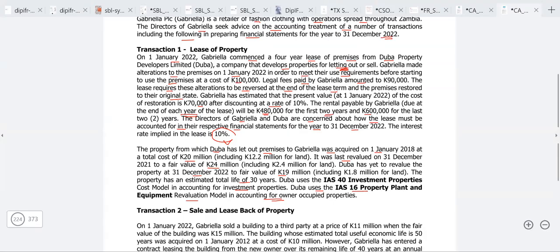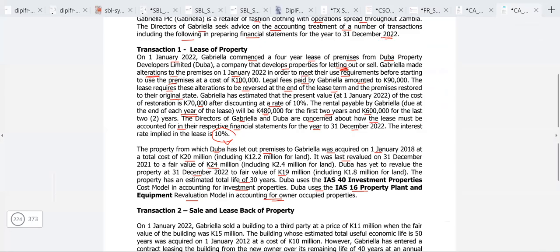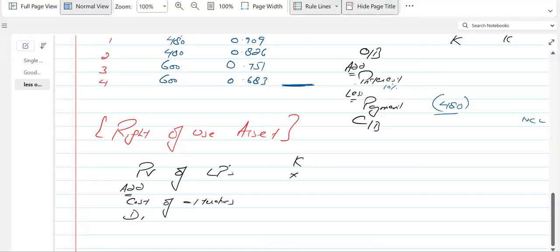This is the cost of alterations that Gabriel made. The cost of alterations needs to be capitalized because obviously they spent it on the asset. And it says that the present value of the dismantling cost is K70,000. So there will be a dismantling cost present value.